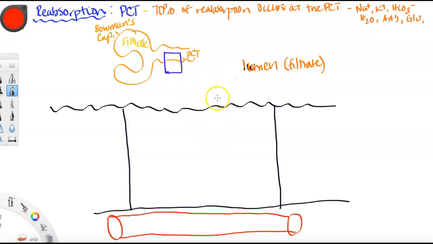So this is the lumen, so that means there's filtrate out there. And we need to get this stuff out of the filtrate and back to the blood. This is basically facilitated diffusion, in which we use sodium to do this. So I'm going to do glucose as the example of how this is done.